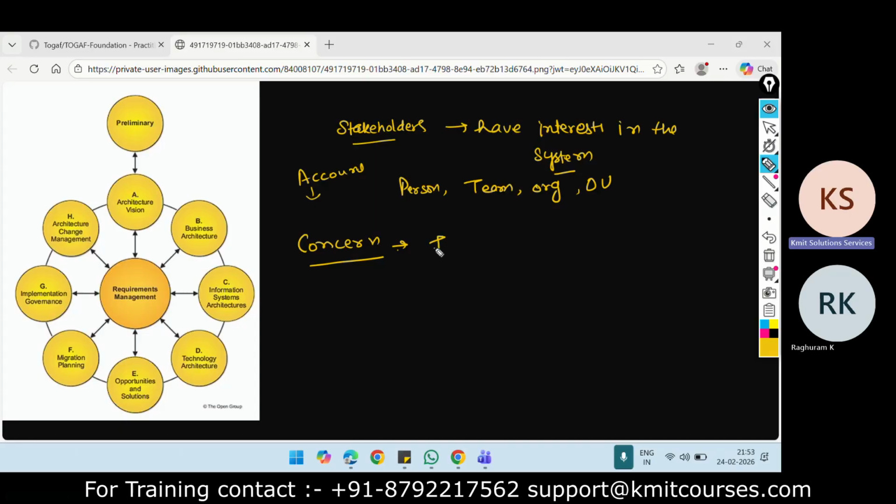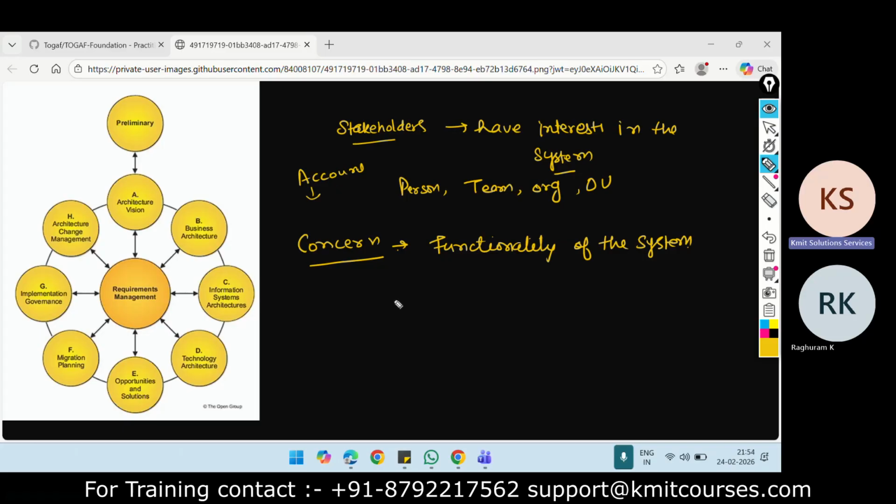This represents how the system is functioning, in development or operations: performance, reliability, security, etc.